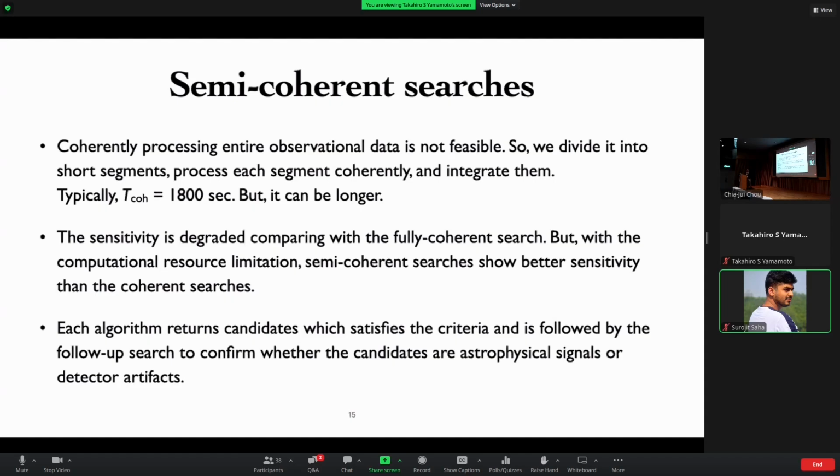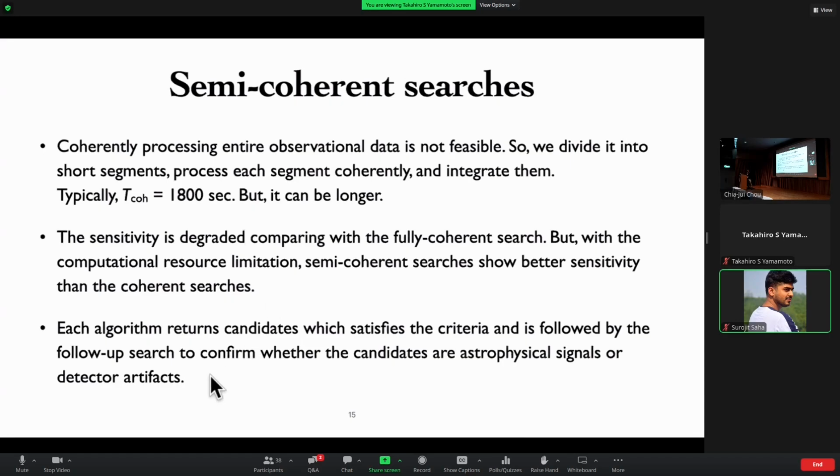Typically we use a coherent length of 30 minutes or so, but it can be longer. Anyway, it's much shorter than the whole observational period. Of course, the sensitivity is degraded compared to fully coherent searches because we lose the coherence between segments. But under limited computational resources, semi-coherent searches can show better sensitivity than fully coherent searches.